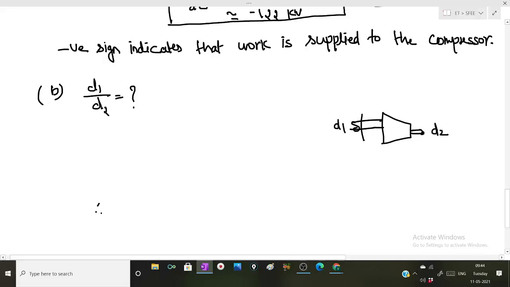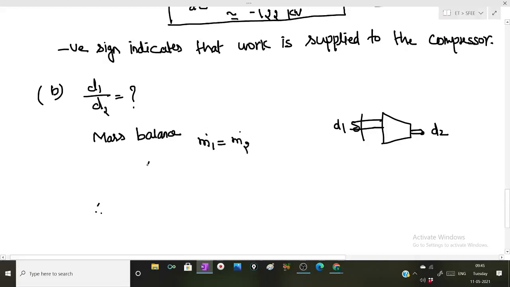We are supposed to find out this d1 upon d2. So to find the ratio of inlet pipe and outlet pipe diameter, now I am recalling mass balance. When I apply mass balance, it gives me mass flow rate at inlet is equal to mass flow rate at outlet.